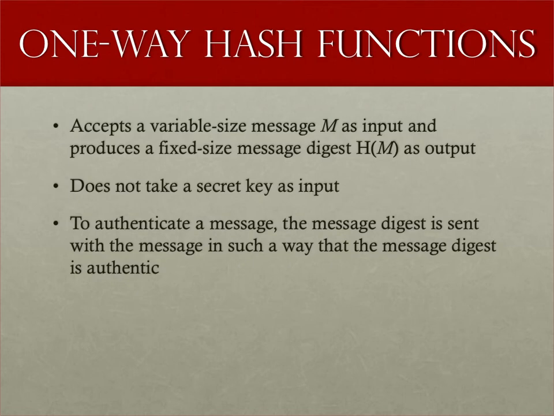So, based on a message of any arbitrary size m, we should be able to generate what we call a message digest or a hash, which is h of m. This h of m is of fixed length, regardless of the length of the original message.